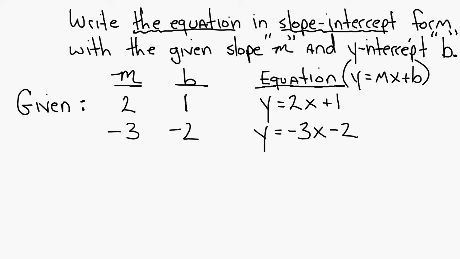If you're given a slope of 1 and a y-intercept of -7? The equation would be that y is equal to x minus 7.